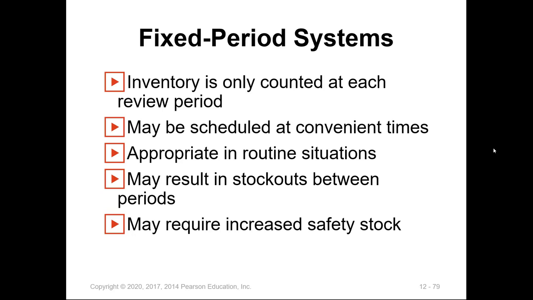In the fixed period system, inventory is only counted at each review period, which may be scheduled at convenient times. It is appropriate in routine situations, may result in stockouts between periods, and may require increased safety stock. So with this, talking about inventory and inventory models, that will be all for inventory management and inventory models.